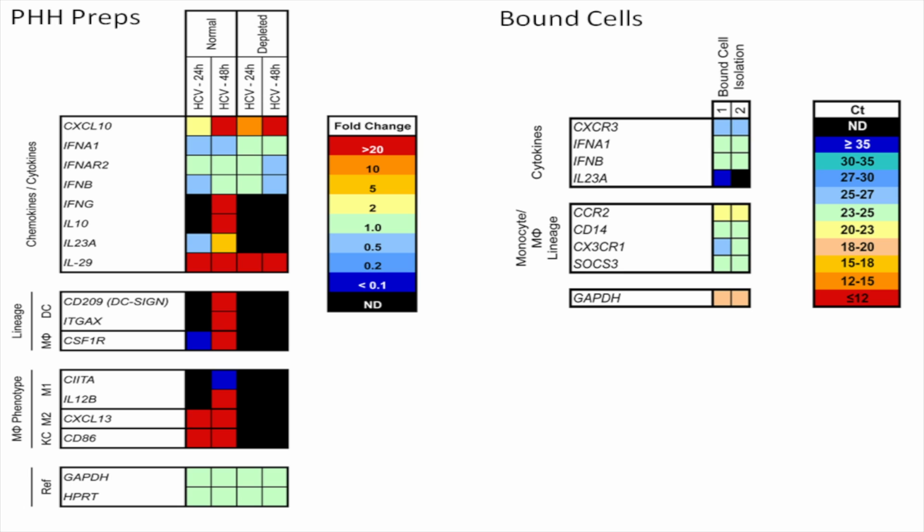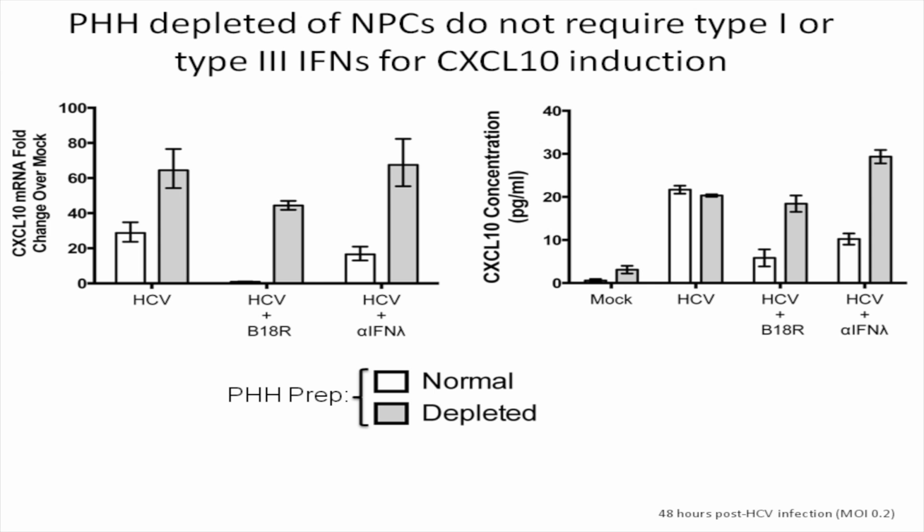But again, this is high-level expression, and these are intermediate levels. These are the only genes that we could detect on cells that stuck to the column. So we felt there were other cells besides liver cells in our preps, and we were able to separate them.